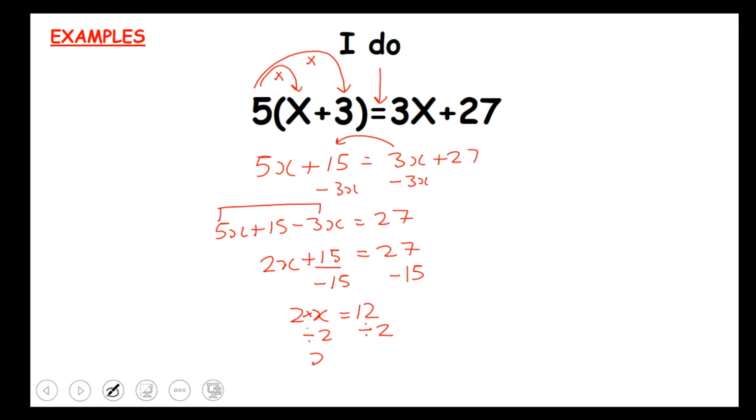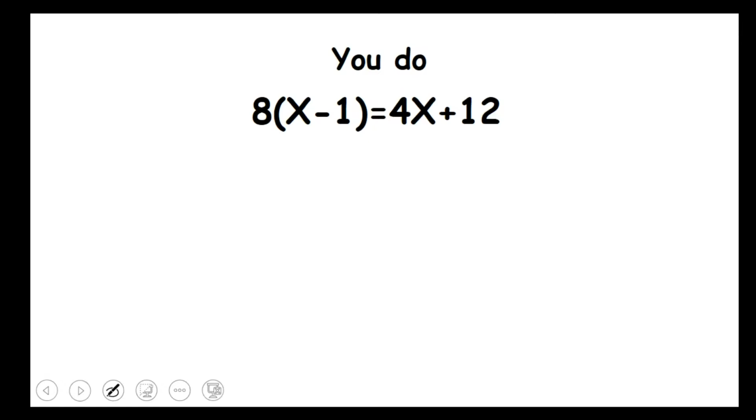So now I've got x equals 6 as my final answer. And to double check, all you need to do is substitute 6 back into the equation and both sides will get the same answer. Okay, what I'd like you to do now is pause the video and have a go at doing this question now.